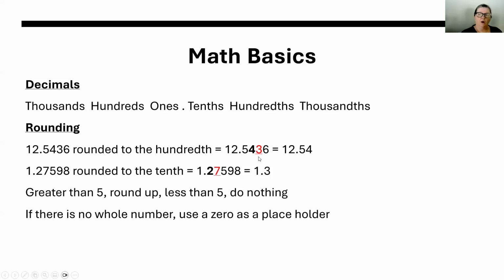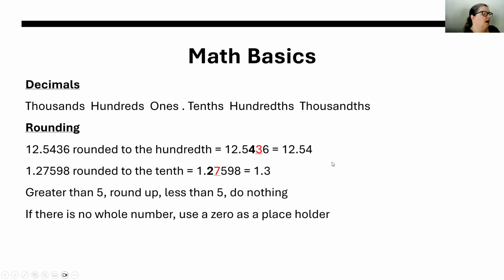Okay. Now, let's go to our rule. Is it greater than 5? No, it is not. It's less than 5. So since it's less than 5, we do nothing about that 4. We leave it as is, and we just drop everything behind it. So what we come up with then is 12.54.